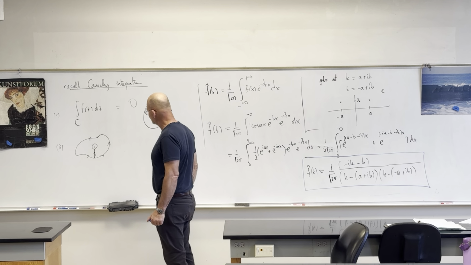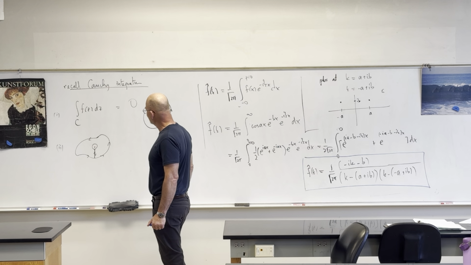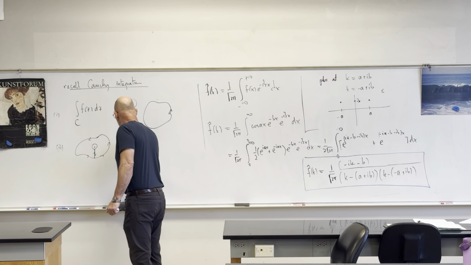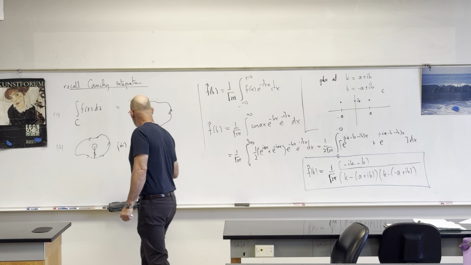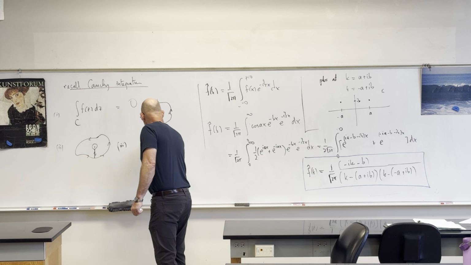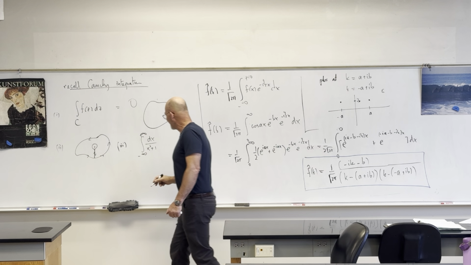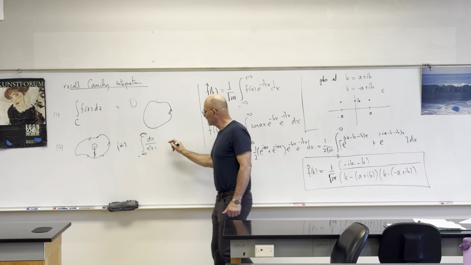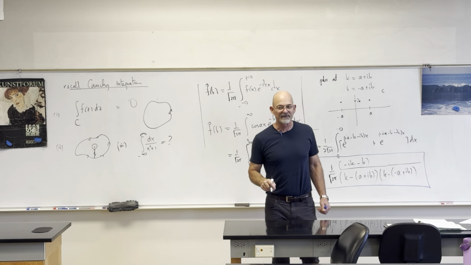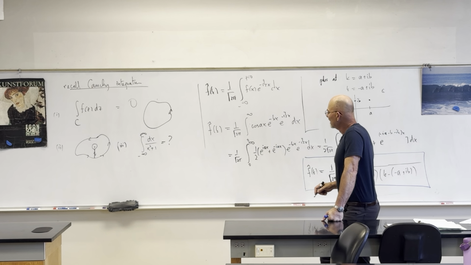And then the third step was when we did the integral dx over x squared plus 1 from minus infinity to plus infinity. And I'll put a question mark here. That was where we had left the topic, where we're going to pick up again.